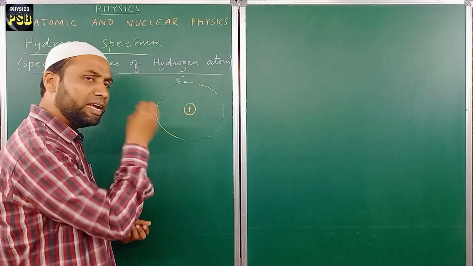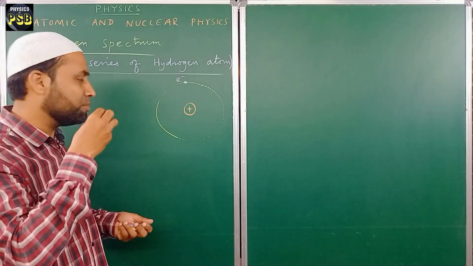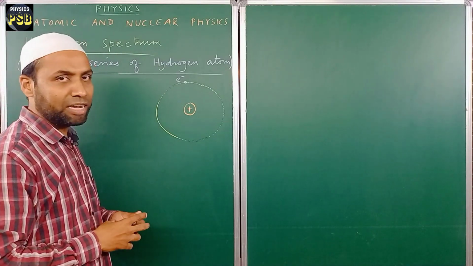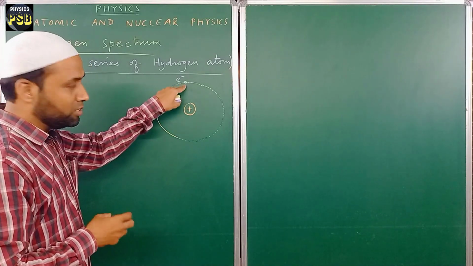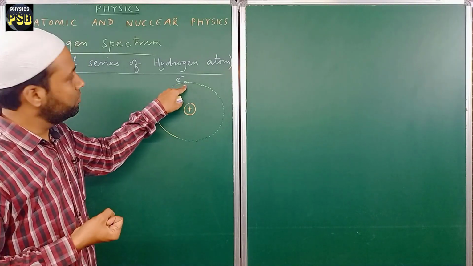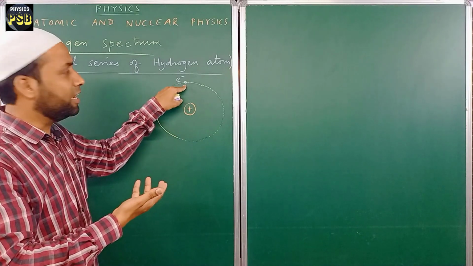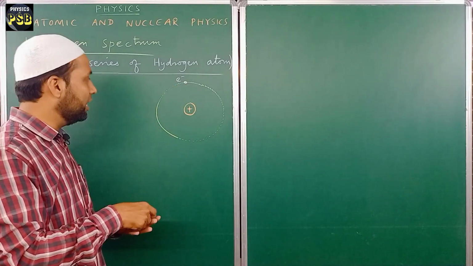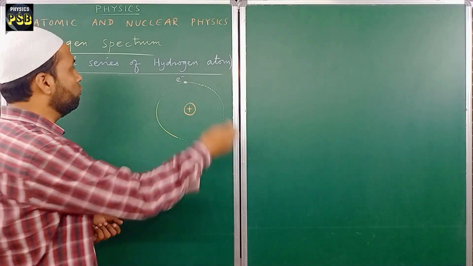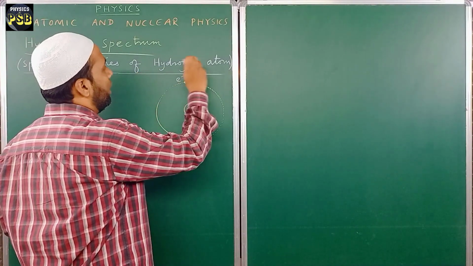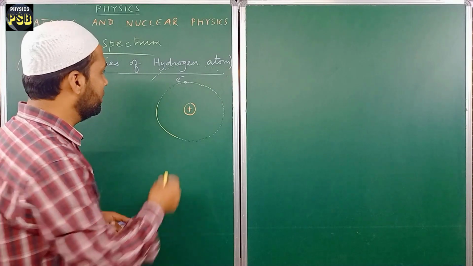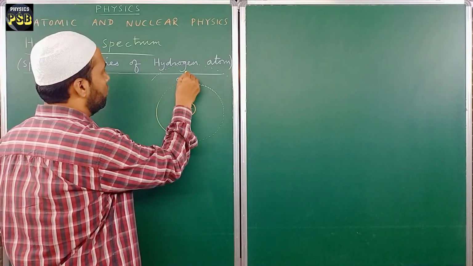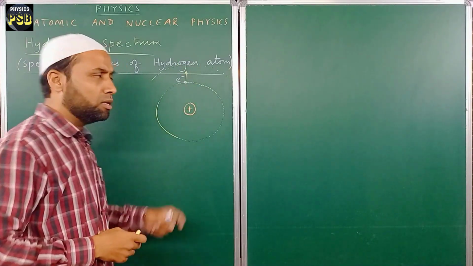When we supply heat or some energy from outside to the atom, these electrons absorb it. As their energy increases, they move to a new energy level. Suppose I have one more energy level here, then these electrons will move to that energy level.